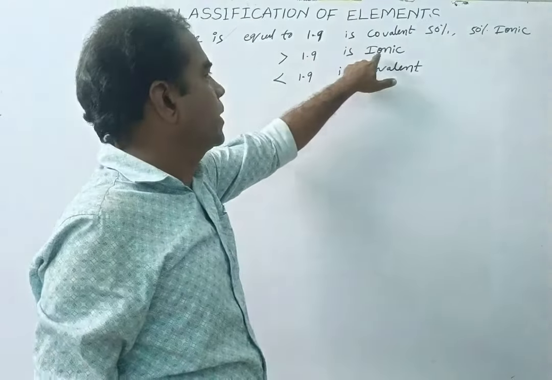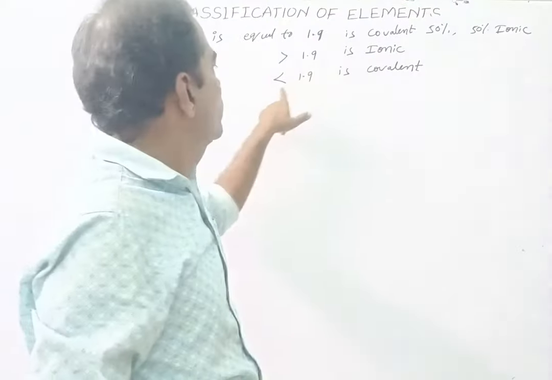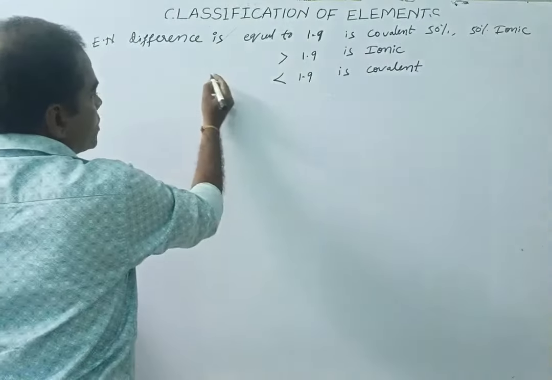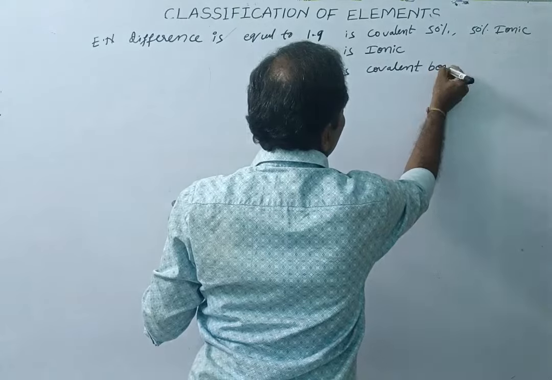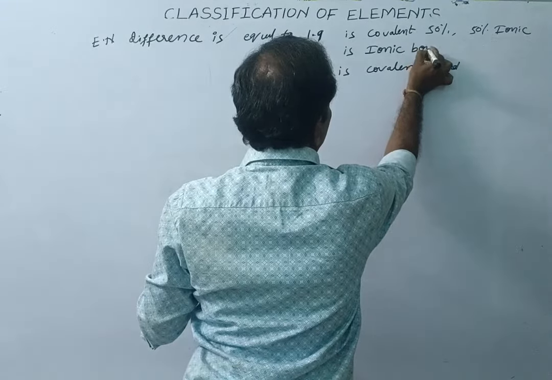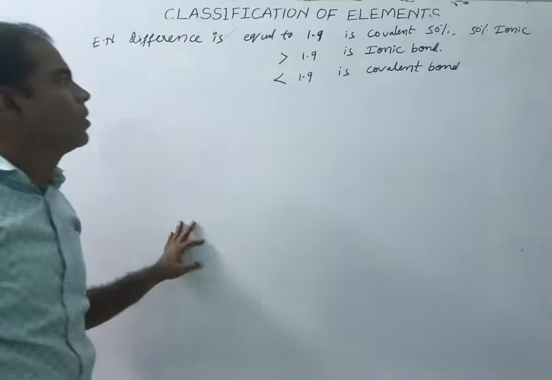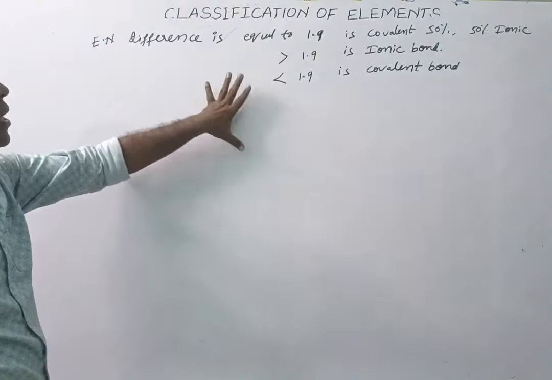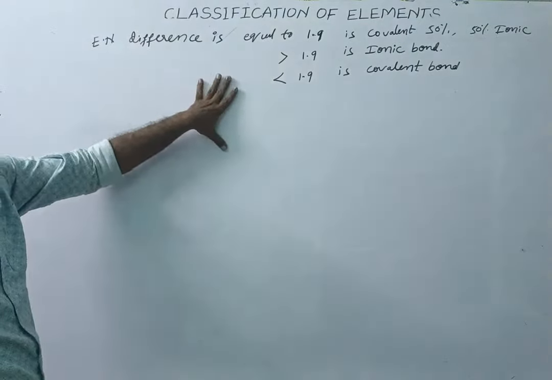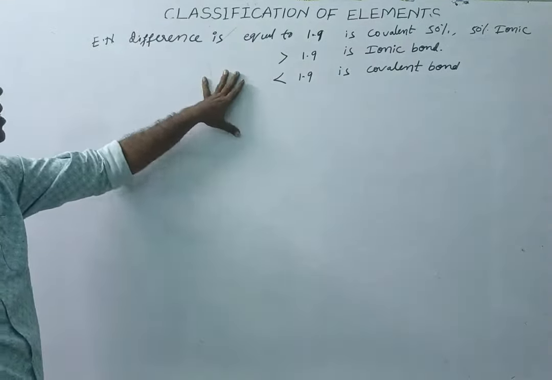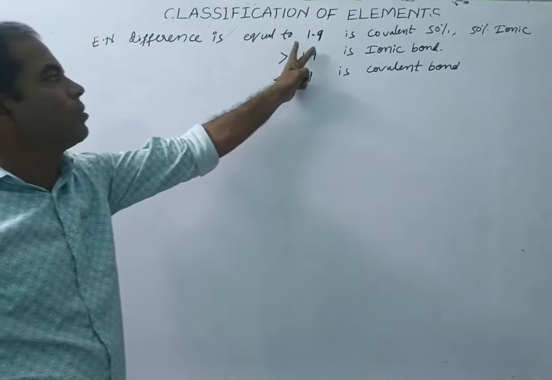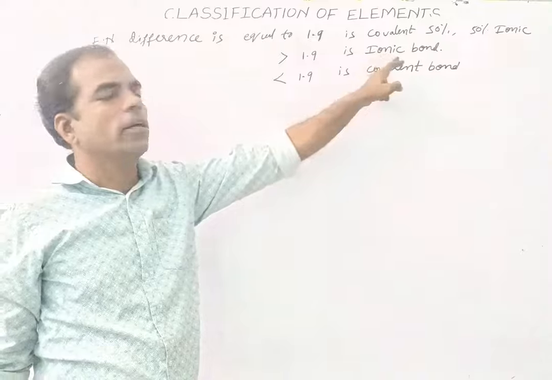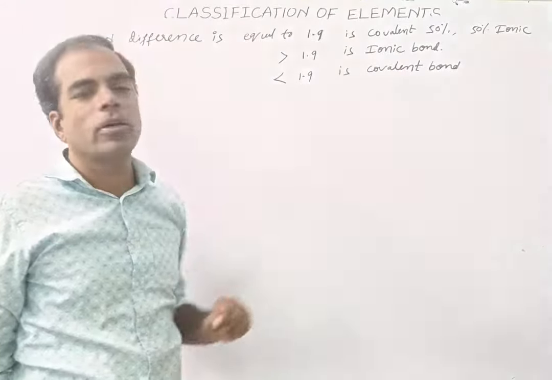If greater than 1.9, that is an ionic bond. Less than 1.9, that is a covalent bond. So this is the condition to know the nature of the bond, whether it is covalent or ionic, based on the EN difference values.